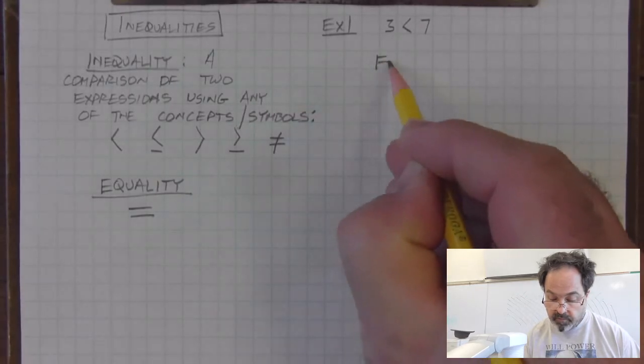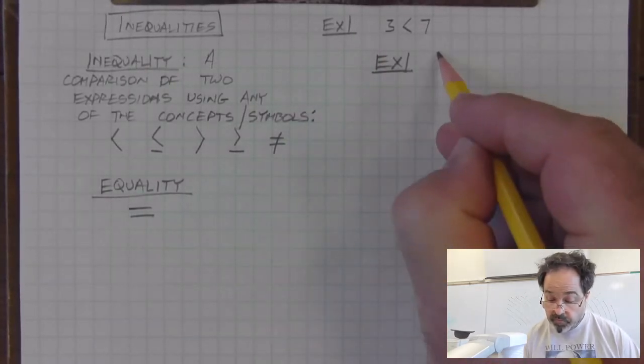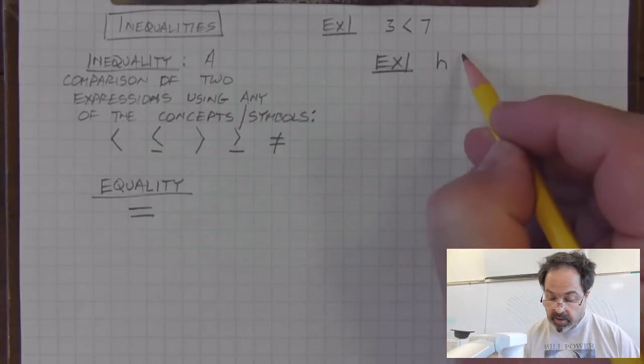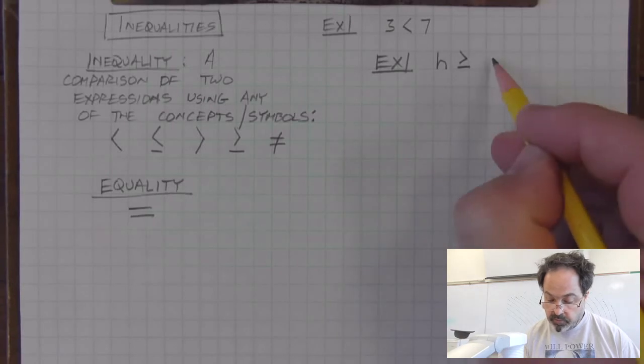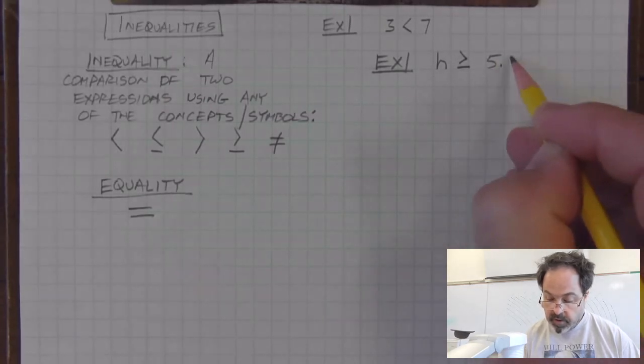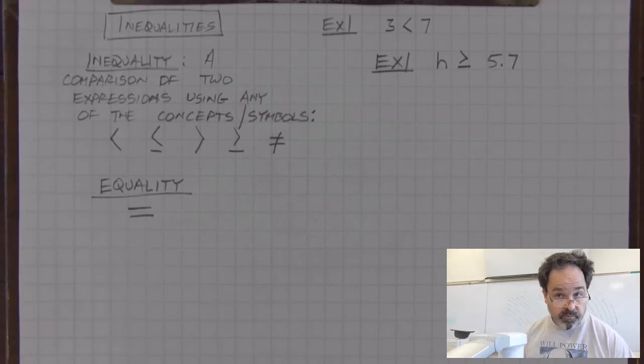Some more examples of inequalities. We could use a variable, in this case h, use the comparison symbol greater than or equal to, and a number 5.7. h is greater than or equal to 5.7, which means that h could be any value. It could be 5.7 to be equal to 5.7, but it could be any value greater than that.